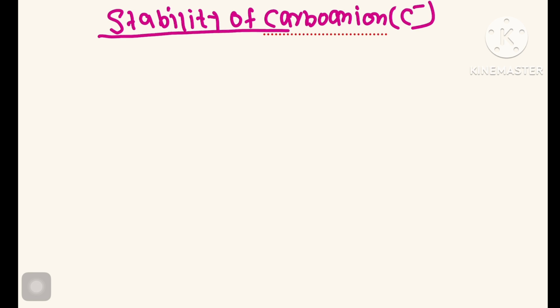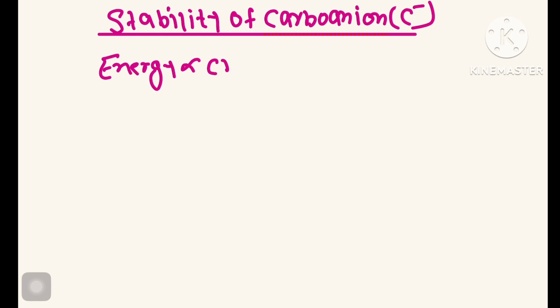Carbon having negative charge, carbanion. So similarly, here also you can write energy directly proportional to charge, stability inversely proportional to charge.